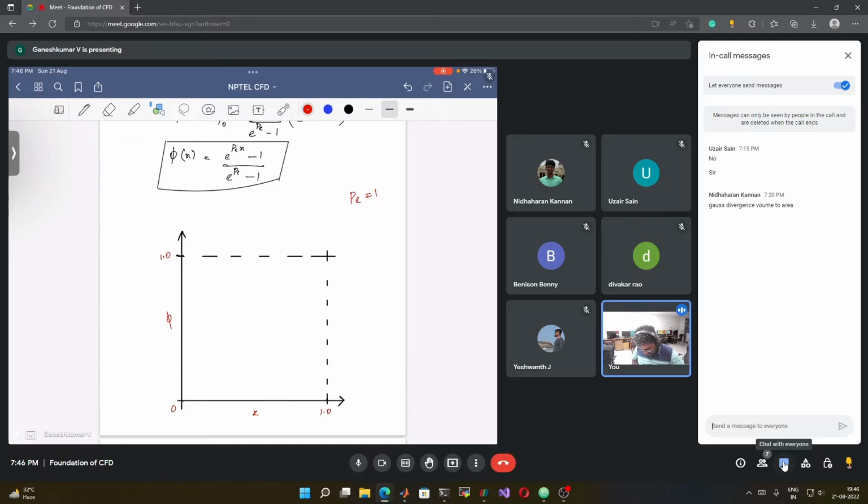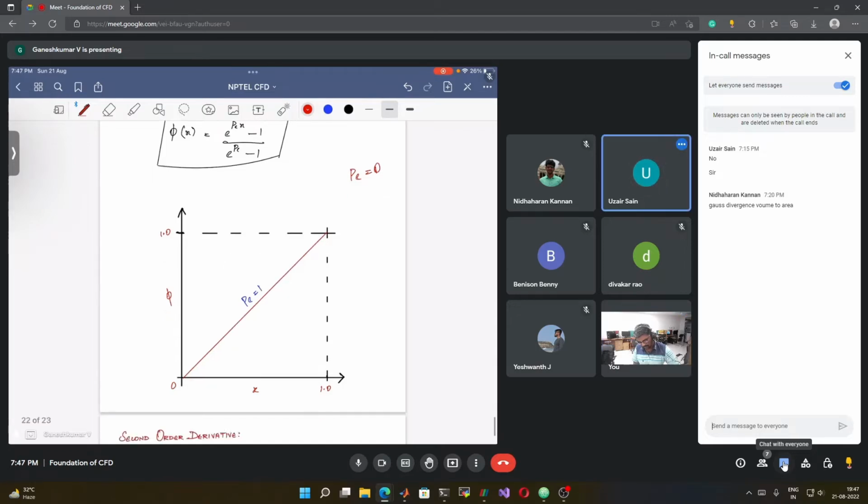So let me just give you the solution. When Peclet number is equal to 1, this would be the solution. After this class you can check whether it is correct or not. Actually, sorry. When Peclet number is equal to 0, this whole thing becomes 0.